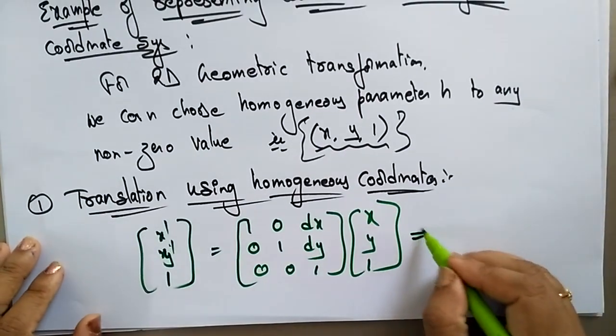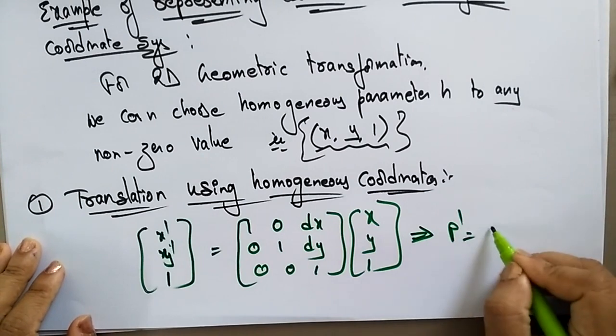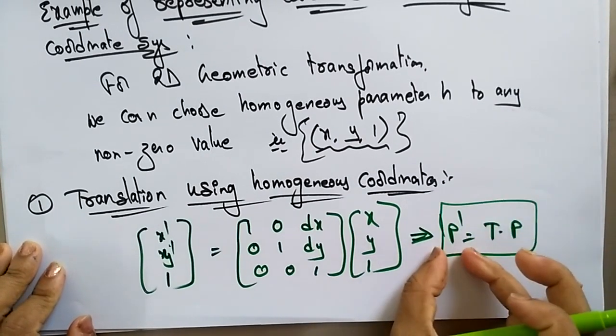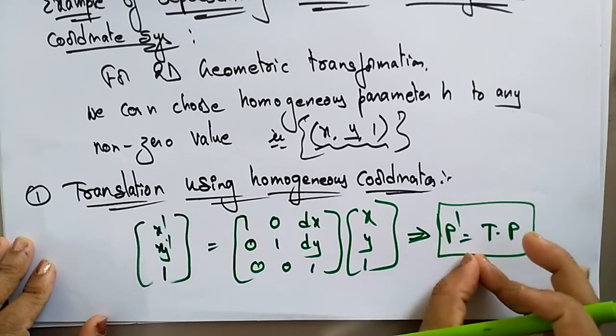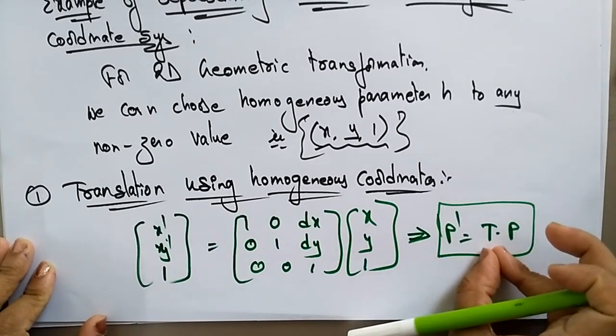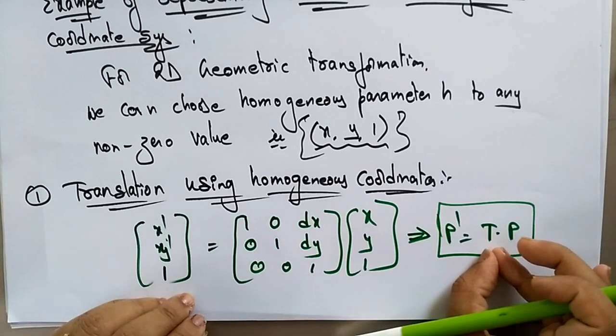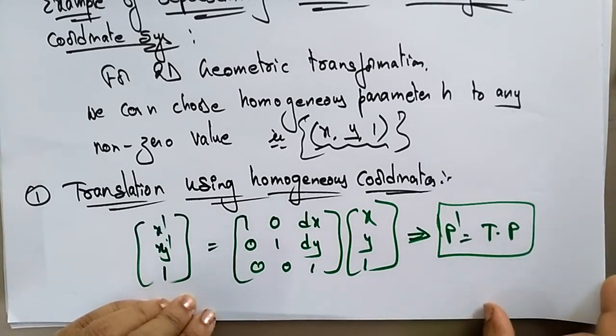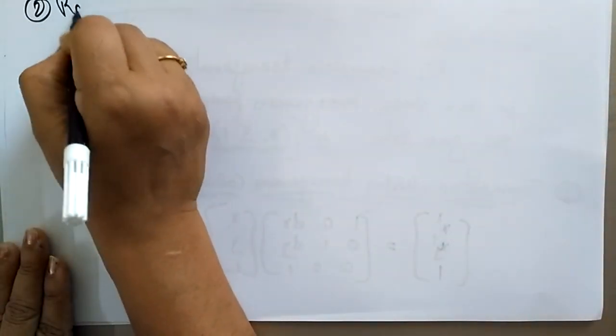This can be represented as P dash is equal to T into P, the translated coordinates equal to the translation matrix into the original coordinates.